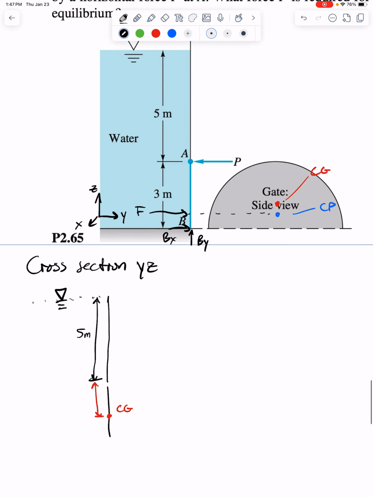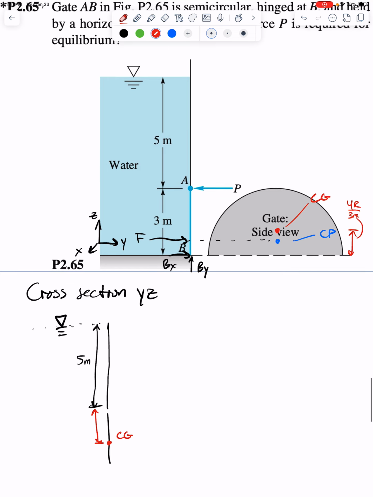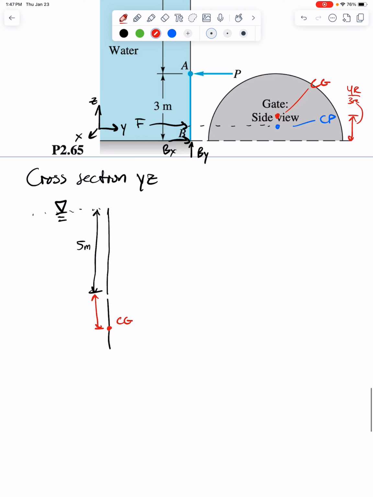So, once again, in the table that I'll provide, we know that the centroid of the circle, with respect to the center of the circle, is 4r over 3 pi. That's the distance away from the center of the circle where the centroid is. So basically what I gave was this value here, but I want the other side of it.